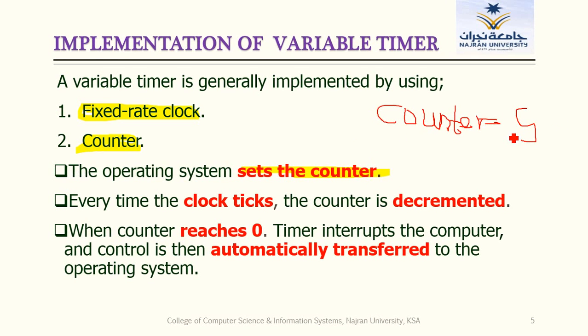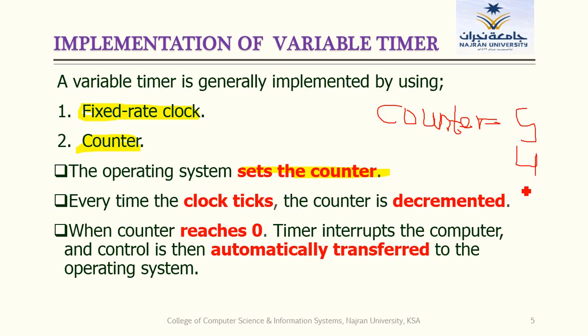Okay, counter is 5. So the operating system will set the counter to any value: 5 seconds, 5 milliseconds, 10 milliseconds, or anything. Now we will see the clock. Every time the clock ticks, the counter is decremented. One time when the clock ticks, we will decrease the counter from 5 to 4.